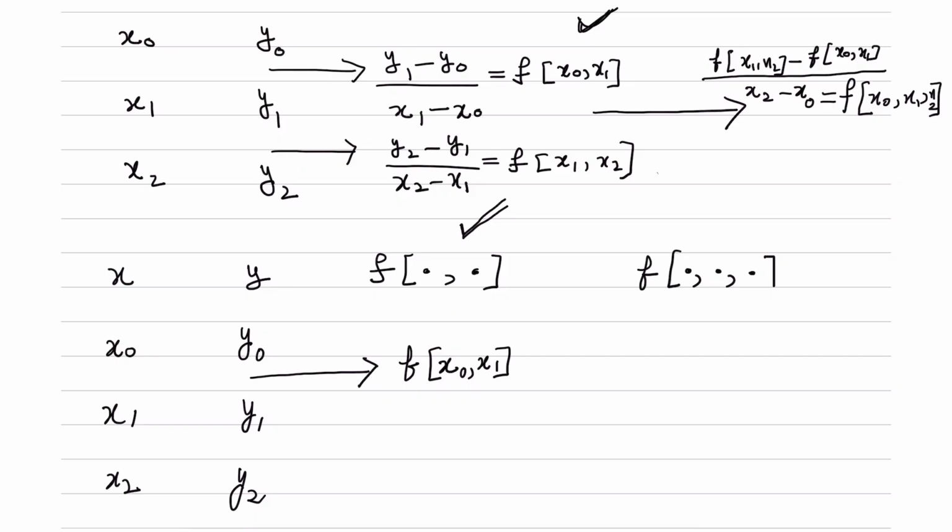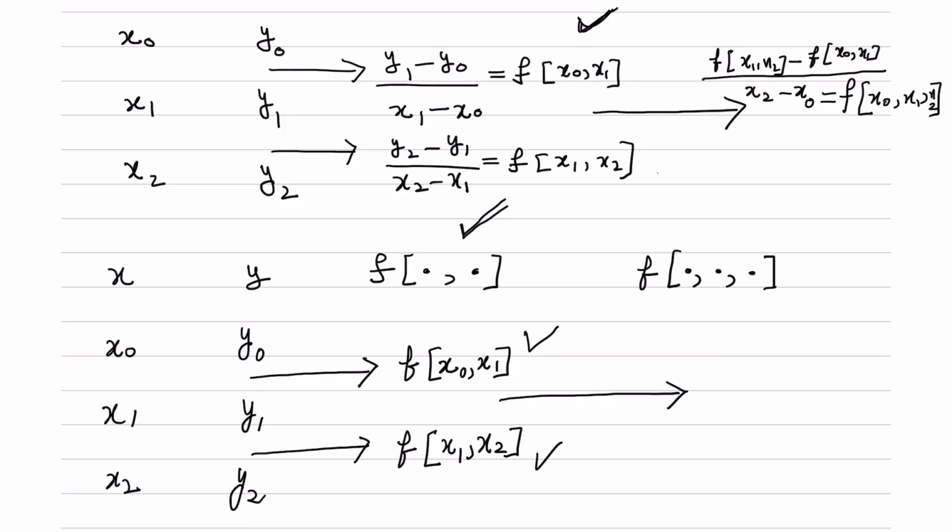So this column's name tells you that each value in this column will use two x's. Arrow between these two. So the divided difference that you get here will be of notation f of x0, x1. From this we will continue with x1, dropping x0, and the next x after x1 is x2. Now we have two values. We can put an arrow between these two. So we get only one value for the fourth column.